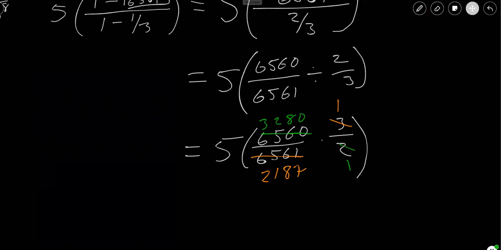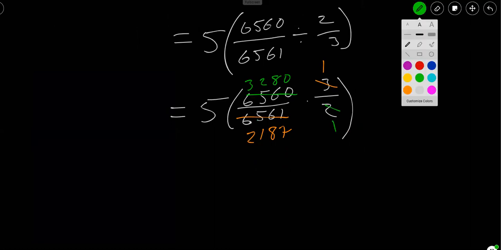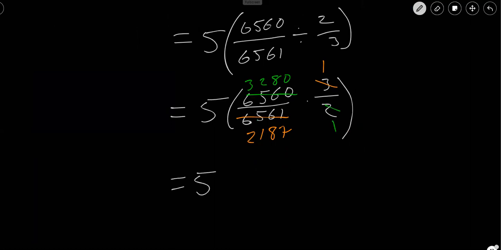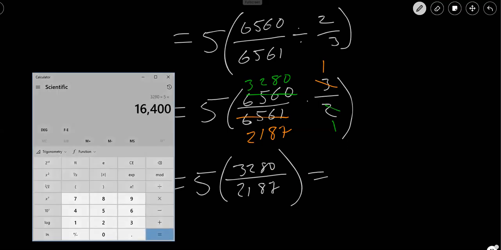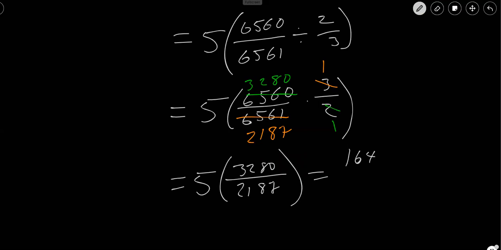Well, now I've got something that's a little bit less messy. It's going to be equal to 5 times 3,280 over 2,187. Still kind of crazy though. Well, I can multiply this out. 5 times 3,280 is going to be 16,400 over 2,187. And that is really as far as I think we can take this.